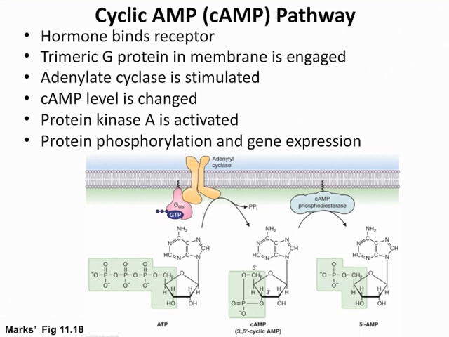As soon as it binds to adenyl cyclase, it's going to stimulate it to produce cyclic AMP. So cyclic AMP is going to activate protein kinase A, and then you're going to go through a series of phosphorylation cascades. So ultimately, you're going to get protein phosphorylation and gene expression.